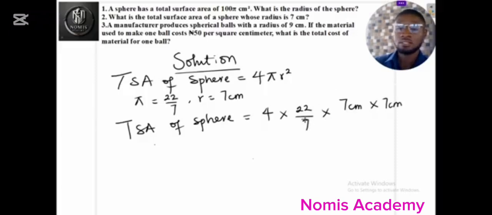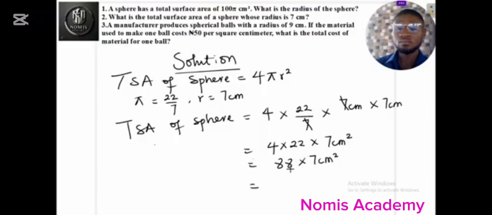So I can simply say 7 cancels 7. So I'm left with 4 times 22 times 7 centimeter squared, because I have centimeter multiplied by centimeter. So this is 88 multiplied by 7 centimeter squared.